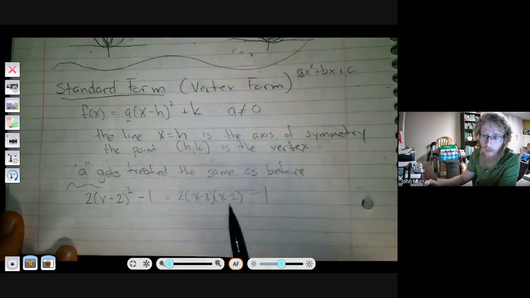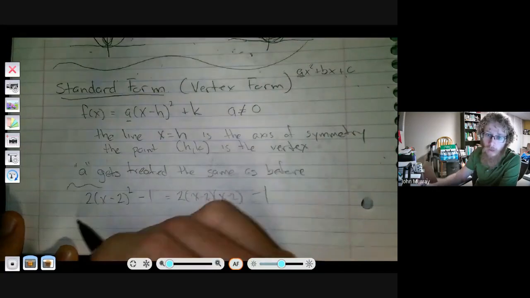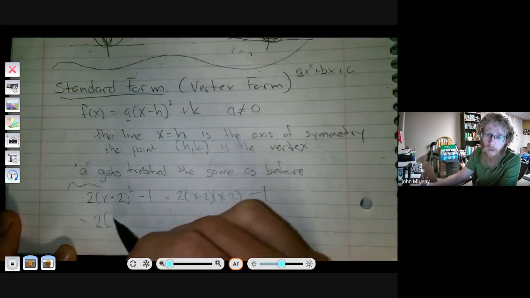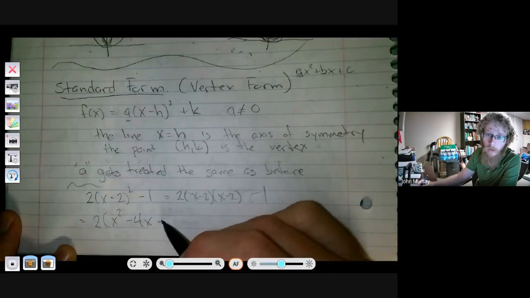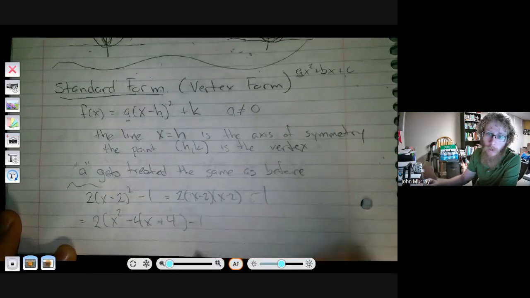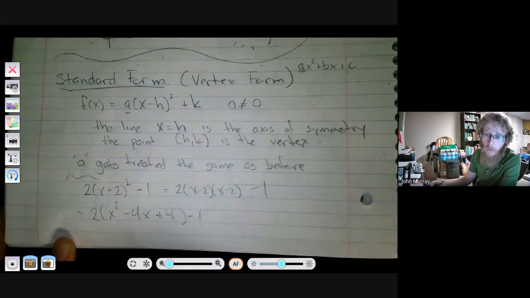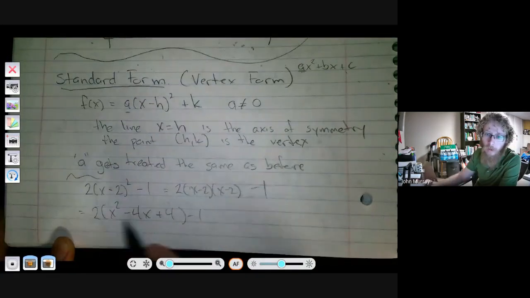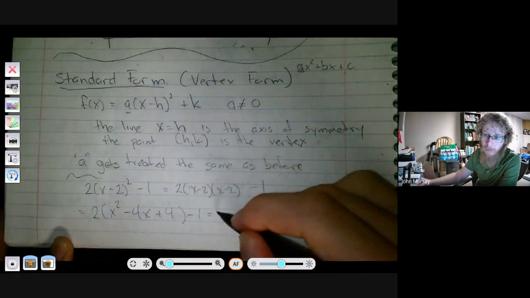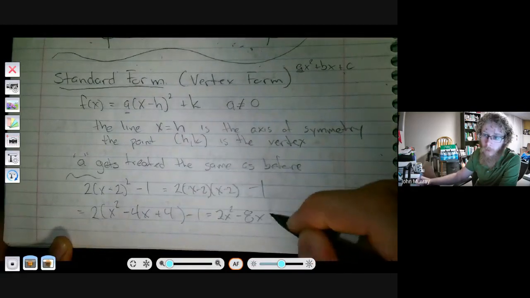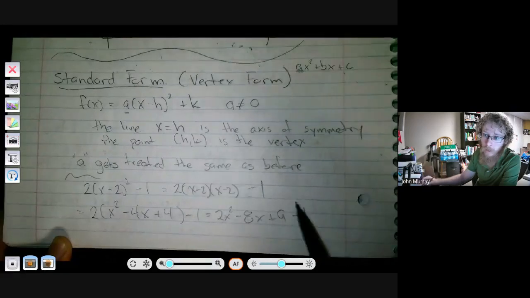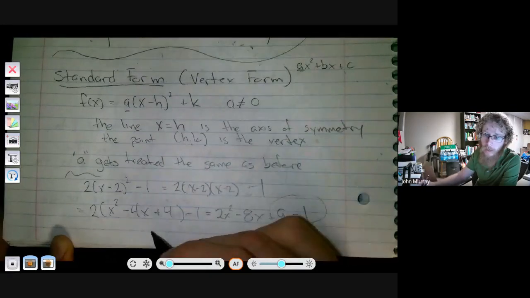Then here I can FOIL. So this is going to get me 2 times x squared minus 4x plus 4 minus 1. And then we just simplify it. So I distribute this 2. Right, and then we just combine like terms at the end.